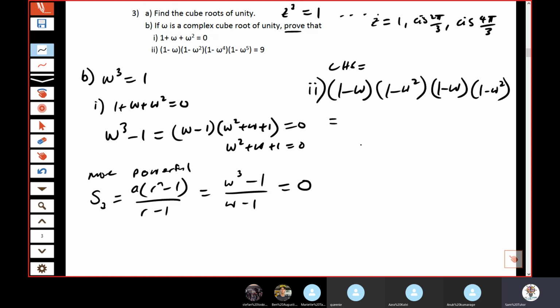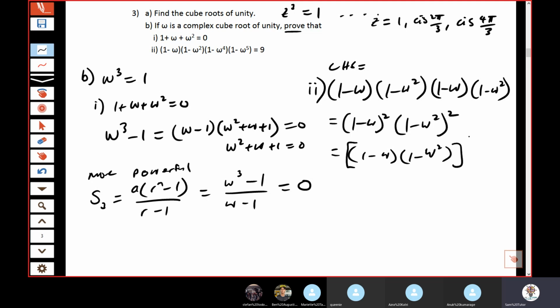Anyone remember what to do now? These two? Probably group them together. Yep. And then, do I expand? Yes. Crazy, right? How powerful the brain can be. Bang. Expand: 1 minus W squared minus W plus W cubed.